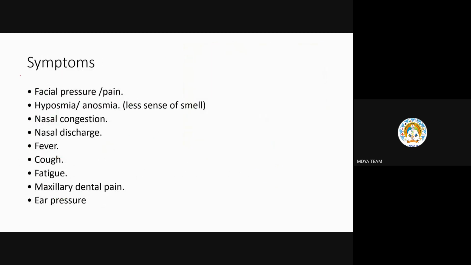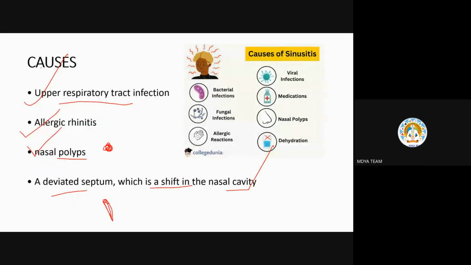Can you explain the nasal polyps again, ma'am? A polyp is nothing but a painless, benign growth. Like a tumor also happens, this is the first part, a little accumulation of mass, a benign growth in your nasal region.